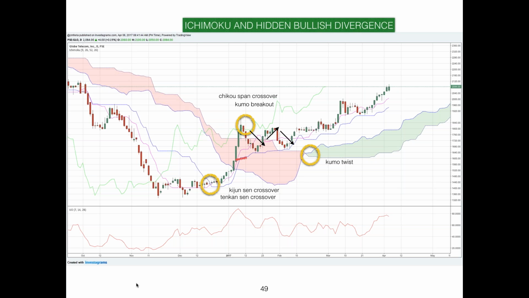But how do we enter? You buy at the Kijun-sen level because this is where price had been bouncing off. This is your level. Now, price bounces off the same support line twice and then makes a doji.